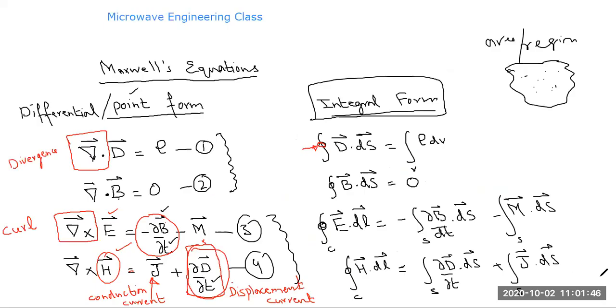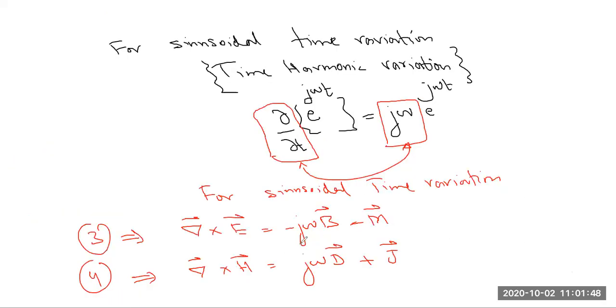So if Maxwell equations are written such that you see this j omega factor, this indirectly tells you that you are assuming that quantities are varying sinusoidally.